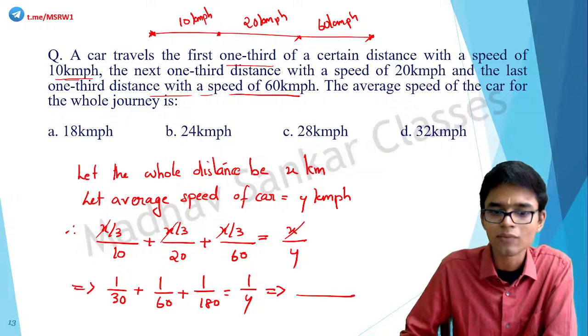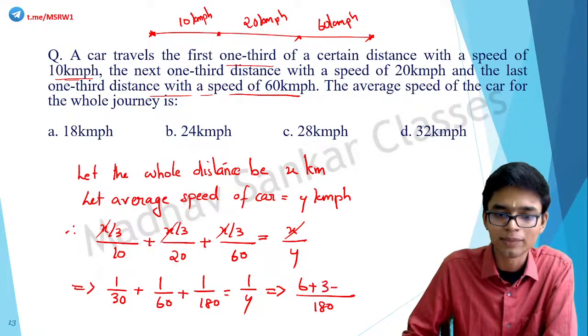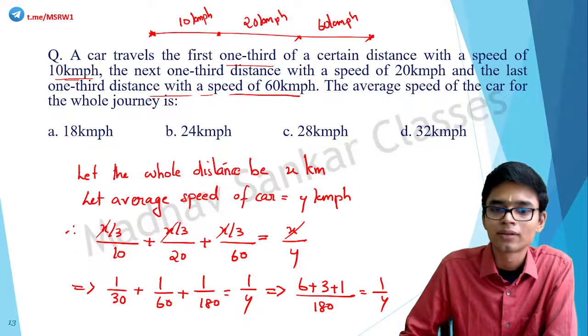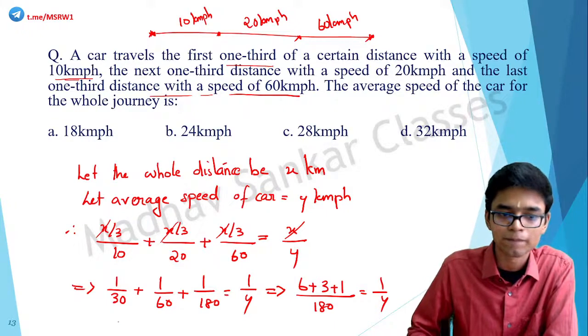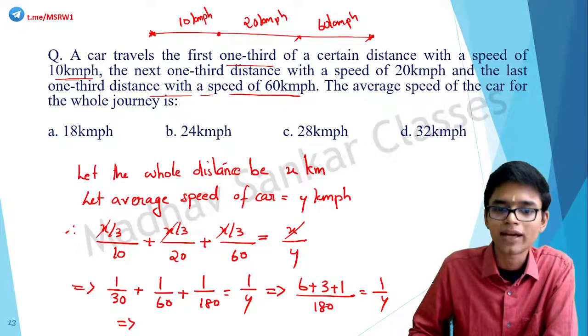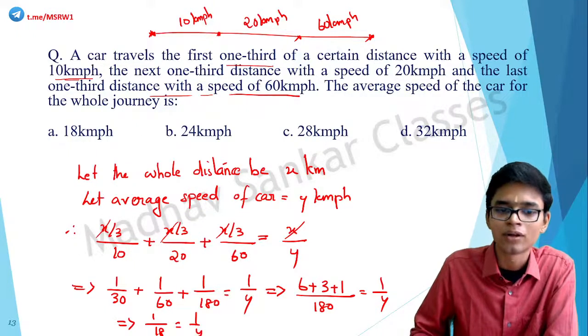Implies, what is LCM? 180. So 180 divided by 30 is 6 plus 3 plus 1 is equal to 1 by y. Okay, so this implies 10 by 180, that is 1 by 18 is equal to 1 by y, or y is equal to 18.